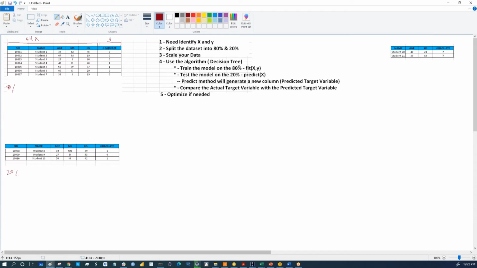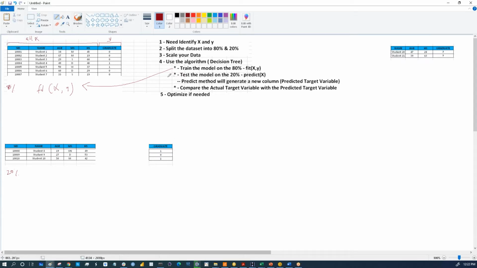So we are going to do the fit, fit x comma y. So we are going to learn from x and y. But when we test, we are going to ignore the target variable.